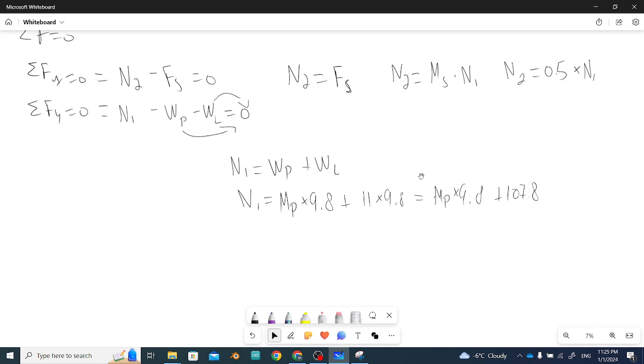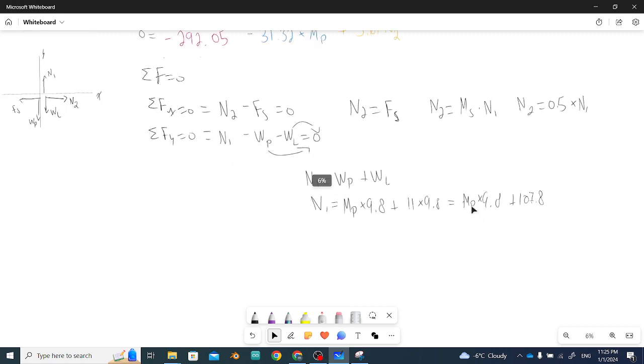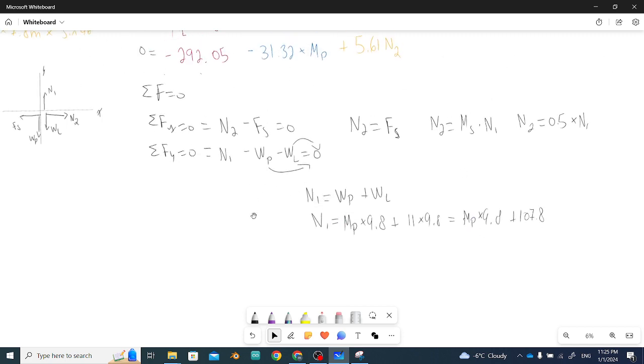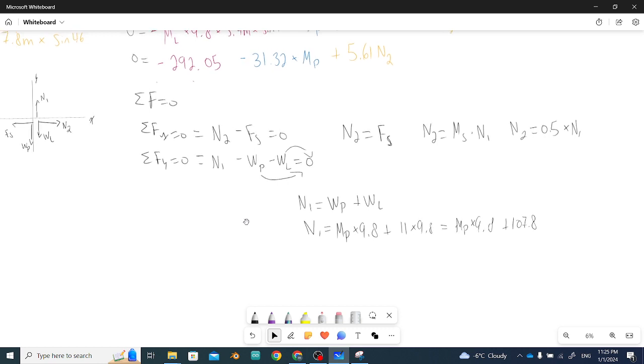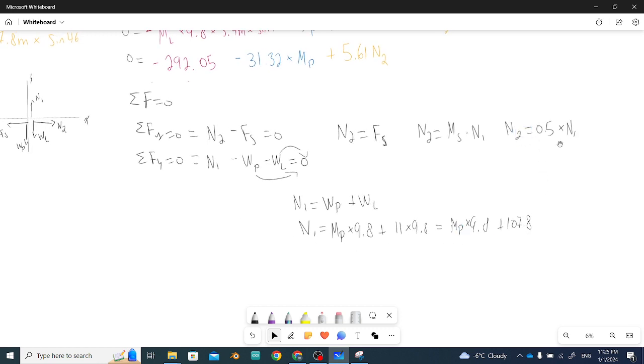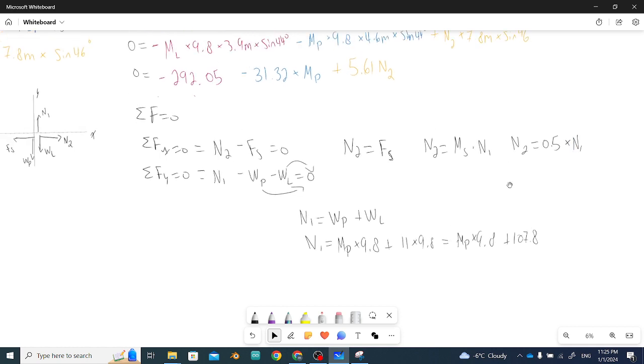Now that we have this, we have N1 with respect to the mass of the painter, we have N2 with respect to N1, and we also have an equation here with the mass of the painter and N2.